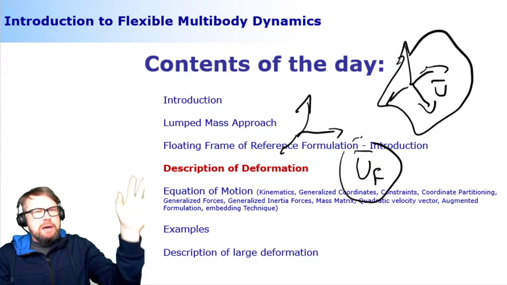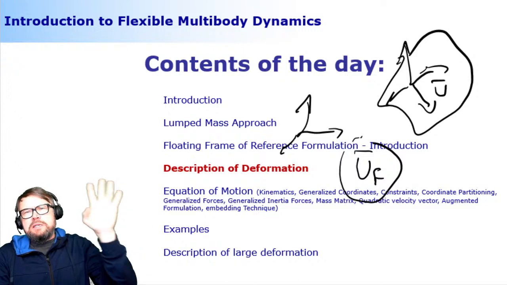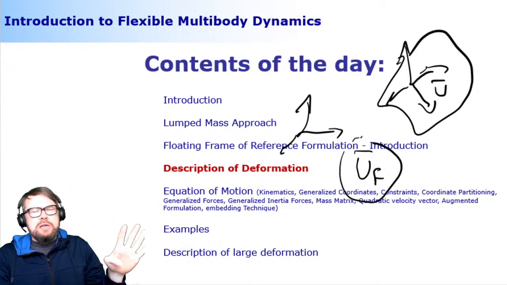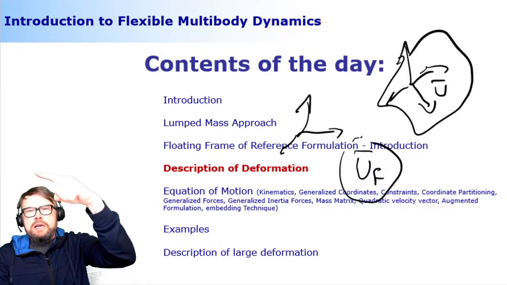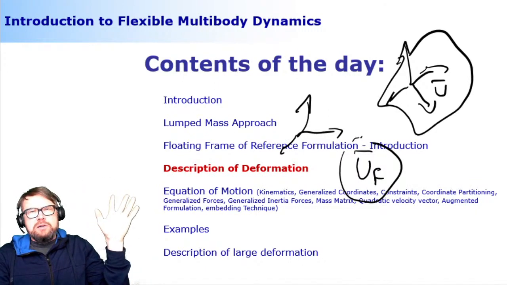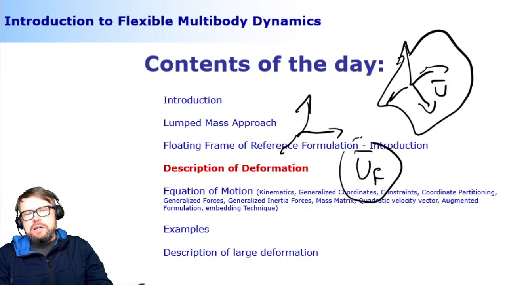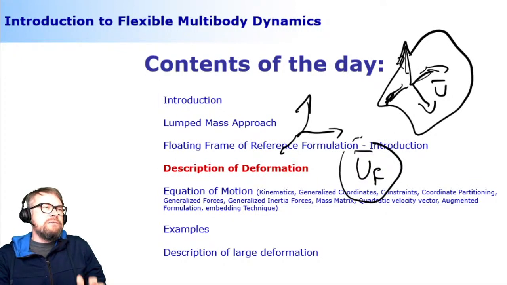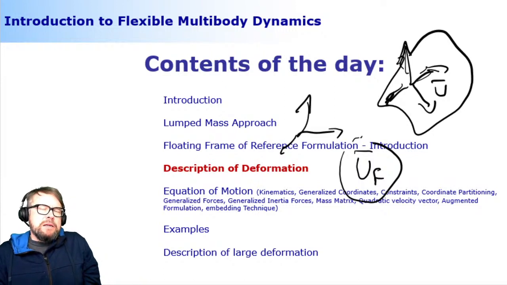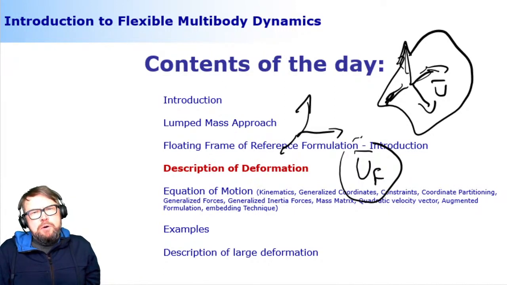And we can easily make it happen in the case of rigid multi-body dynamics, because once we have a certain location, then that location is going to be constant with respect to the local coordinate system. Now, in the case of flexible bodies, we have to limit the number of points, the number of particles we're looking at.